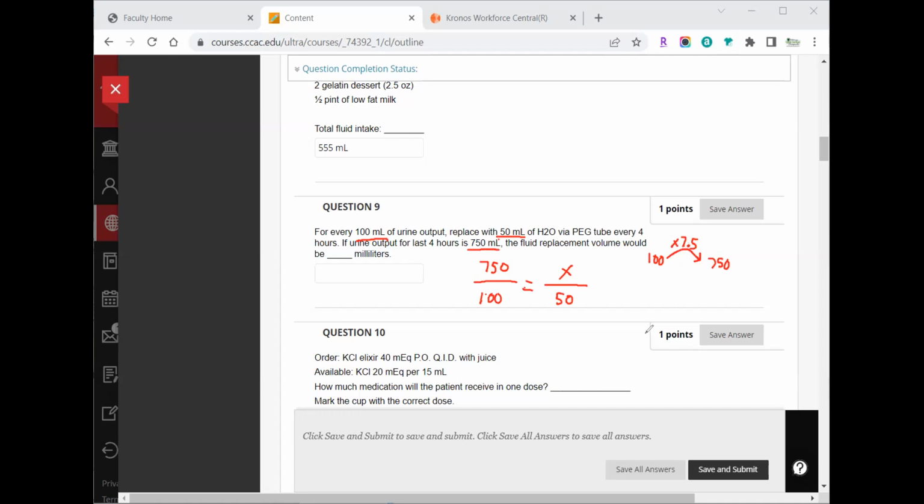That number is the same number I'm going to multiply 50 by to get to my replacement volume. So the replacement volume was 50, now my change would be that 7.5. So I'm going to take 7.5 times 50. And so I'm actually going to have a replacement volume here of 375 milliliters.